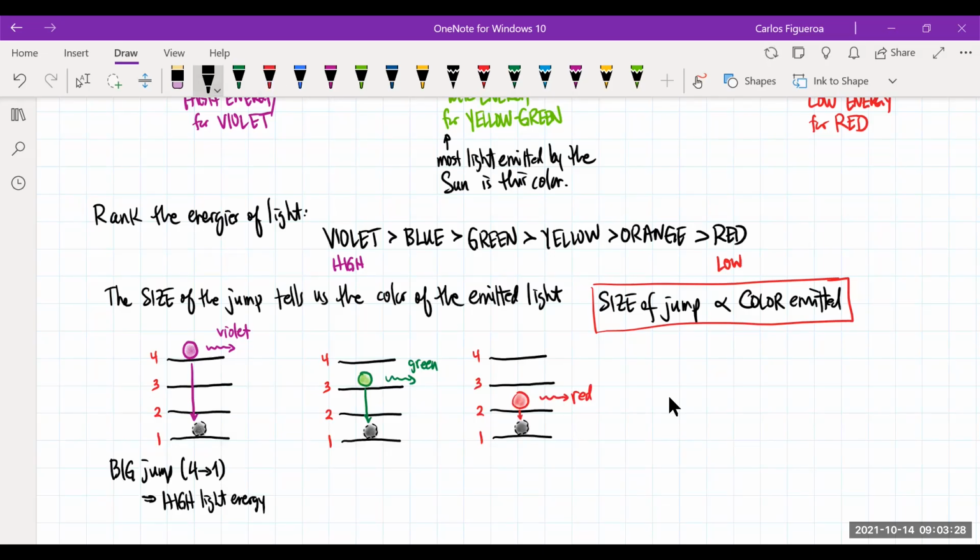So what we're seeing here is that this is a mid-sized jump as you go from 3 to 1. So therefore, you get mid-light energy. And this one is a small jump. In this case, you're just going from 2 to 1. So therefore, this implies that this is the lowest energy of light.